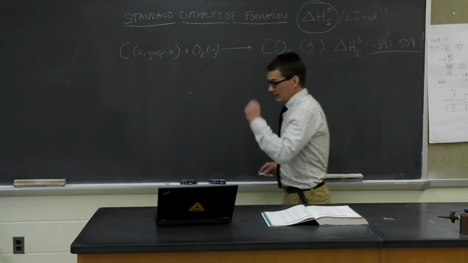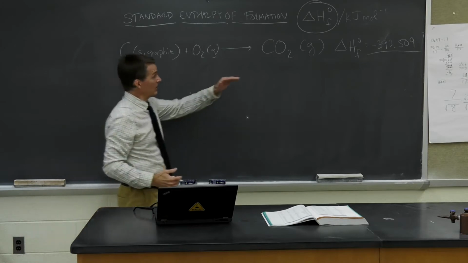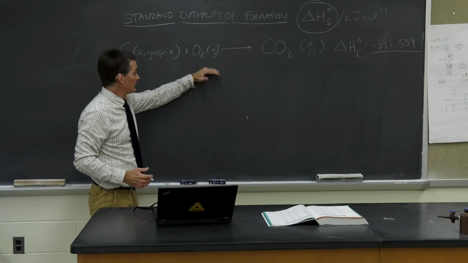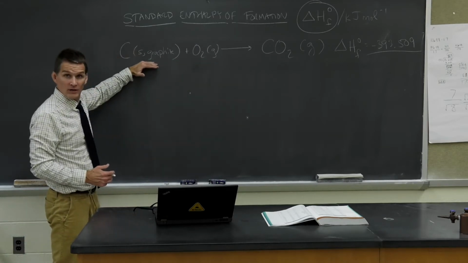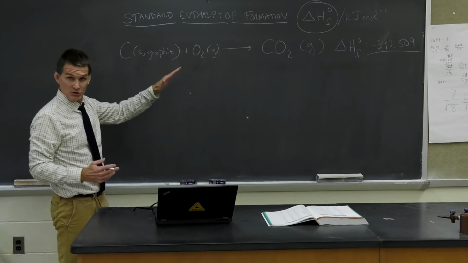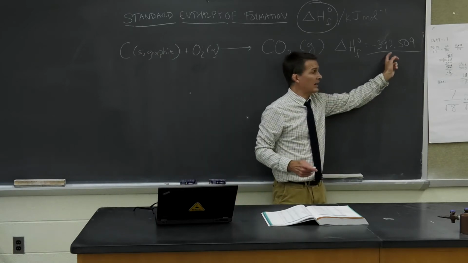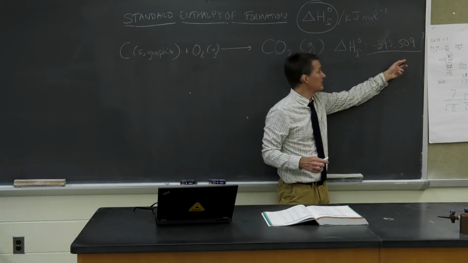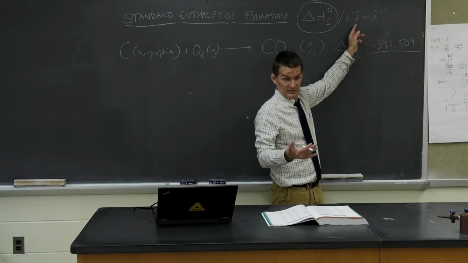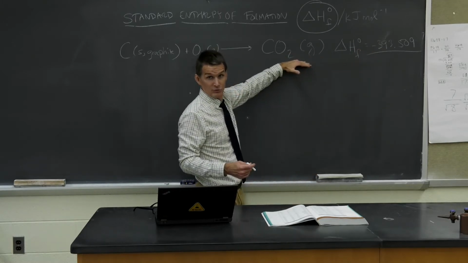And so I know that for this reaction, the formation of carbon dioxide gas from 1 mole of oxygen gas and 1 mole of solid carbon graphite, for every mole of CO2 gas that's produced, there's going to be roughly 393.5 kilojoules of energy released.